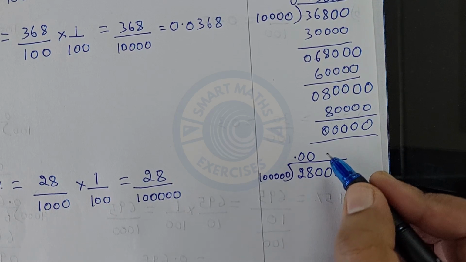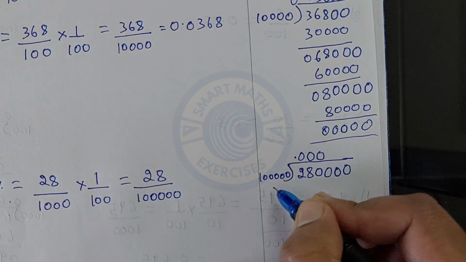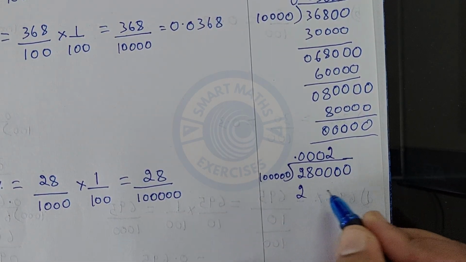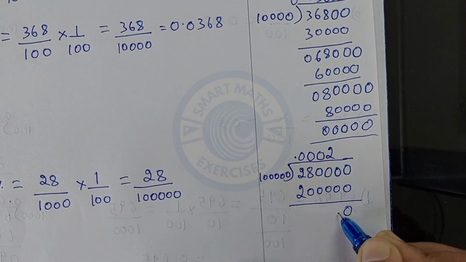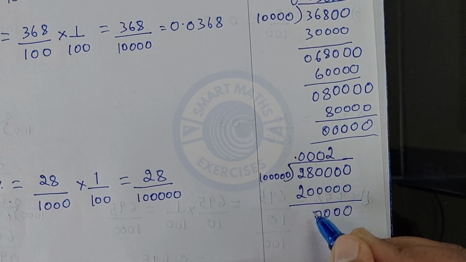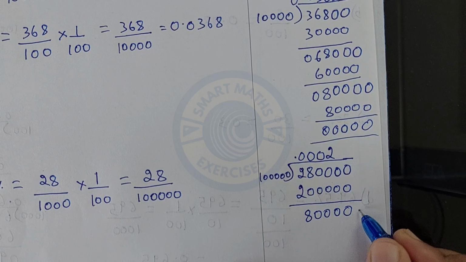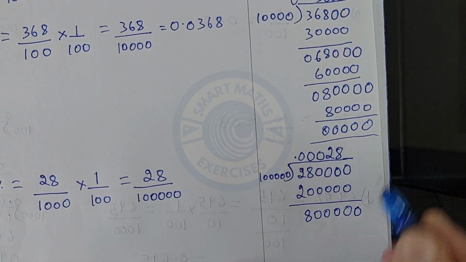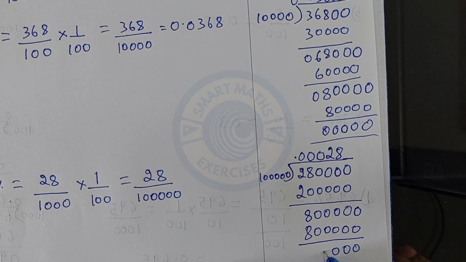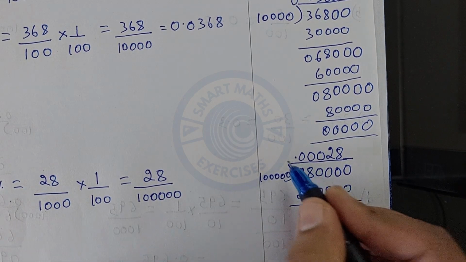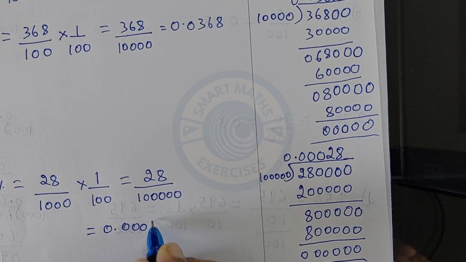Then again add one more 0 and one more 0 here. 1 lakh 2s are 2 lakh. We are left with 8. Since we have a decimal point here, we can add one 0 here. So 8 lakhs. So answer is 0.00028.